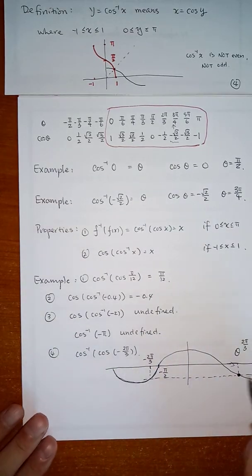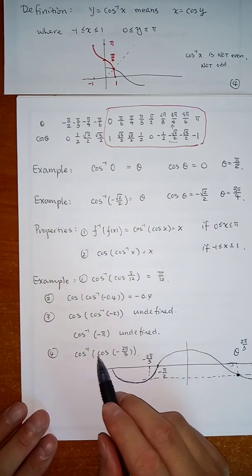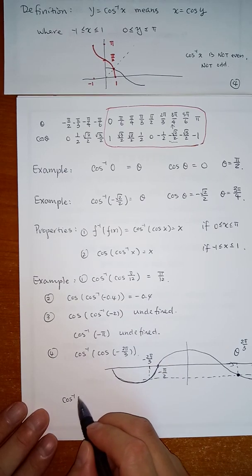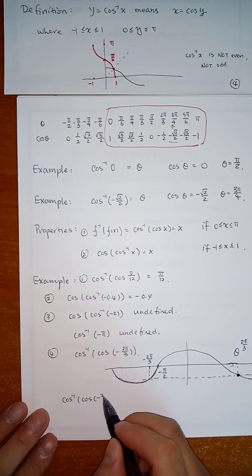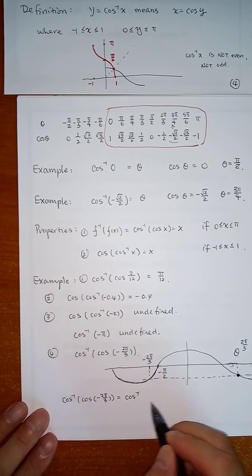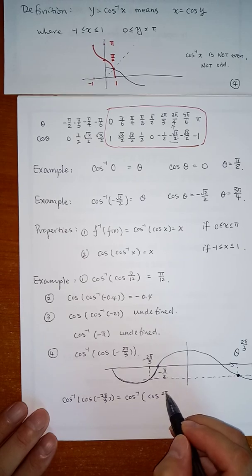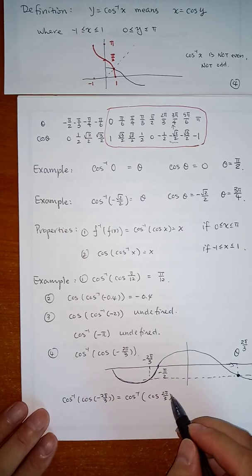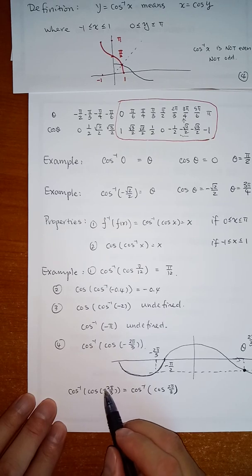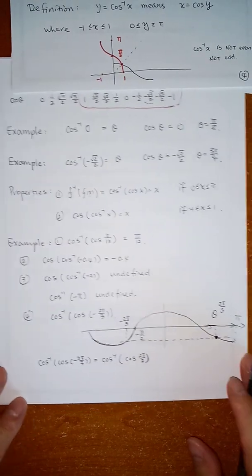Another way to find this value is that cosine is an even function. You don't need this negative sign. Whether you have the negative sign or not doesn't change the cosine value. Cosine is an even function, it can kill the negative sign.